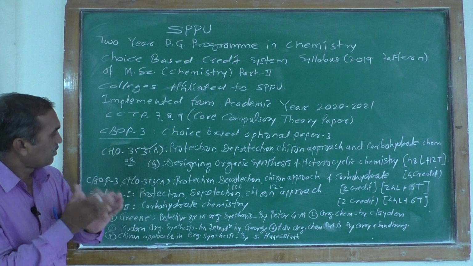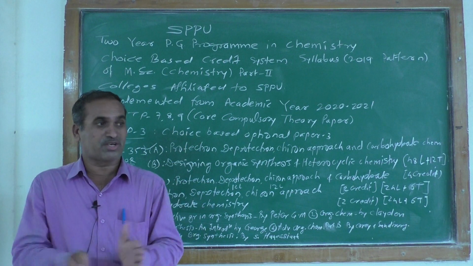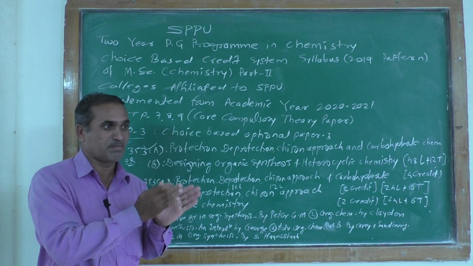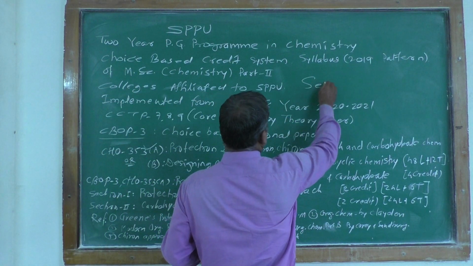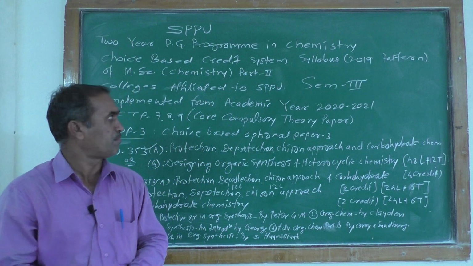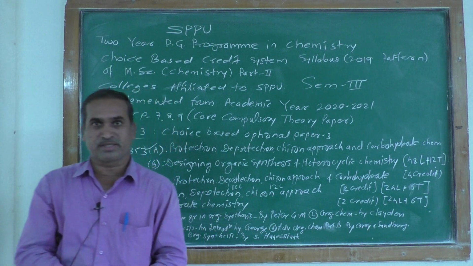So first of all, this is the syllabus. Now the nature of your exam pattern, because this is semester 3, right? This is semester 3, and in this semester you have to complete the syllabus within limited time.